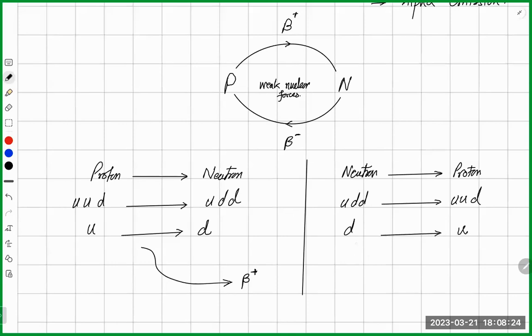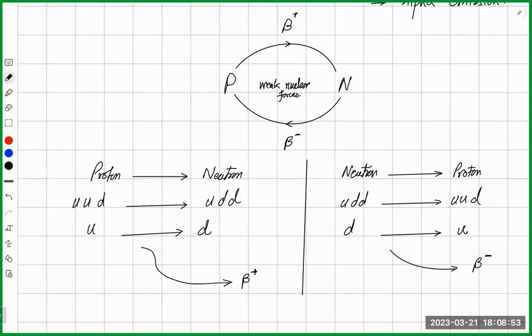So this will give rise to an emission of beta minus. So when a neutron converts to proton, a beta minus is emitted. This is what you have already discussed or studied in O-levels or IGCSE. A beta plus is emitted when an up quark converts into down quark, or proton converts into a neutron.